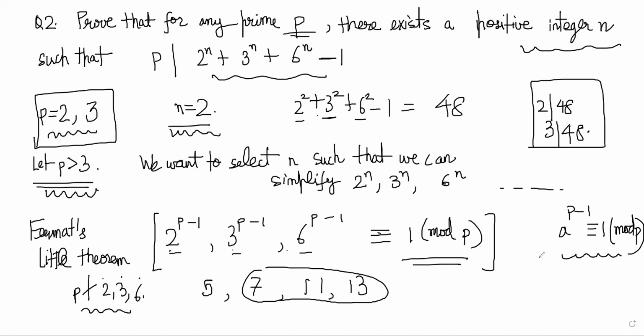So we are satisfying the conditions of Fermat's theorem, because Fermat's theorem says that p should not divide a, and in that case, a power p minus 1 is congruent to 1 mod p, right? Because we are taking the case when p is greater than 3, we can say this. So what we get is 3 times 2 power p minus 1 plus 2 times 3 power p minus 1 plus 6 times 6 power p minus 1.